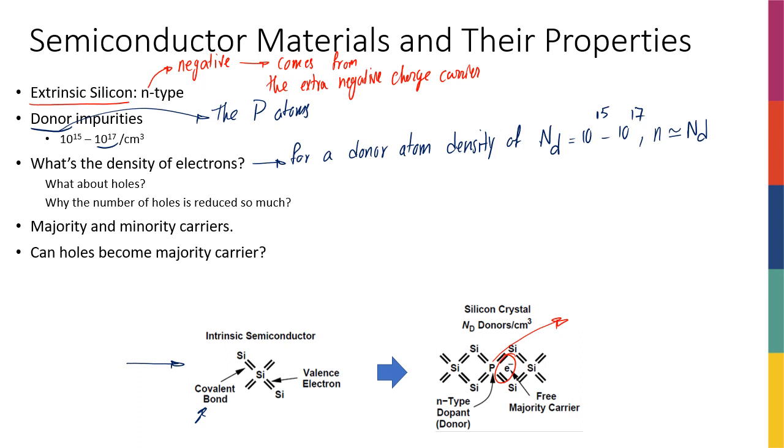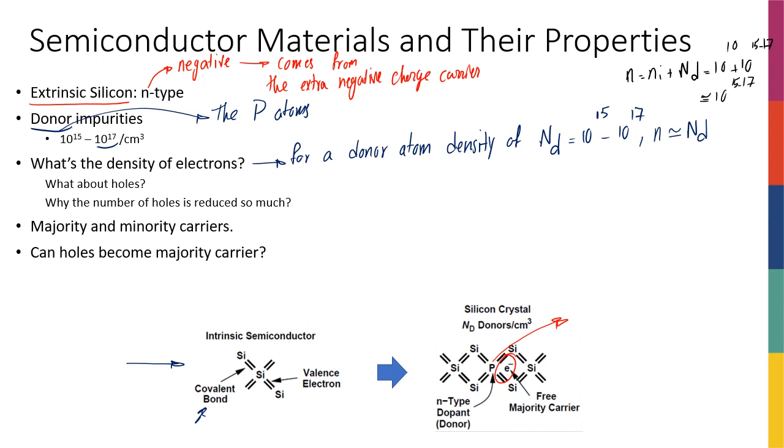So if I calculate the number of free electrons exactly, n is equal to ni plus Nd. But if ni is 10 to the power of 10 and Nd is somewhere between 10 to the power of 15 to 17, you can see that the sum is going to be 10 to the power of 15 to 17.